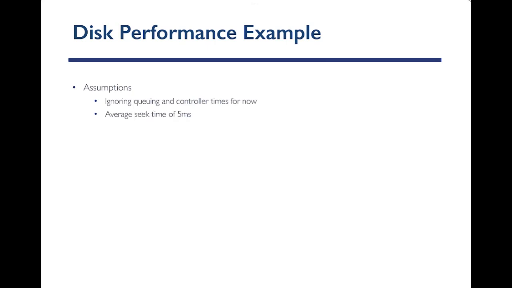Depending on how you seek, seeking from that track to this track is obviously longer than seeking to a neighboring track, which would be faster. Let's assume that the average seek time is 5 milliseconds.